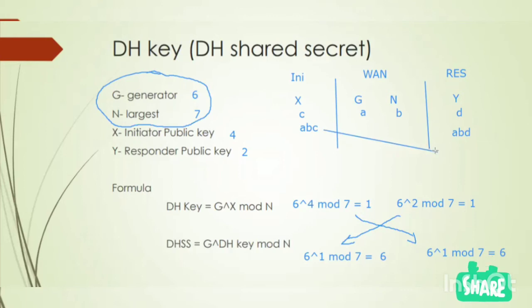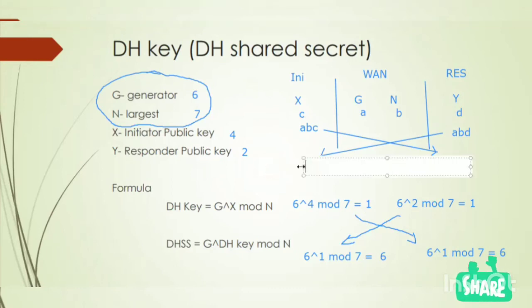Now it's going here. This value is going here. Okay. Now they have exchanged their values, but the important thing is the X value is not shared. Okay. Now they will calculate the shared secret.